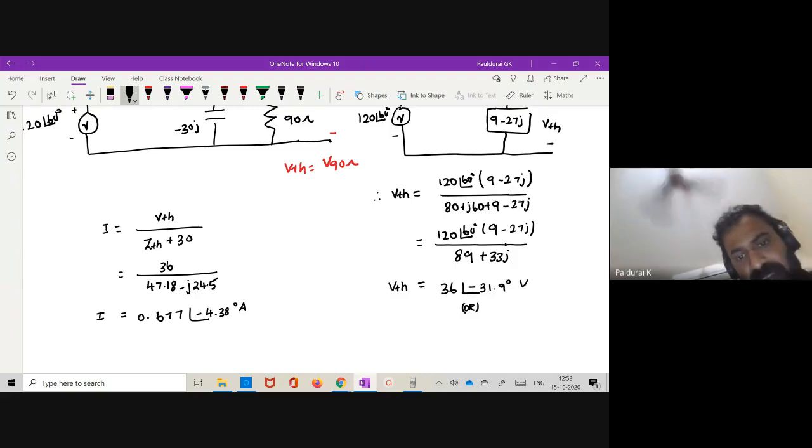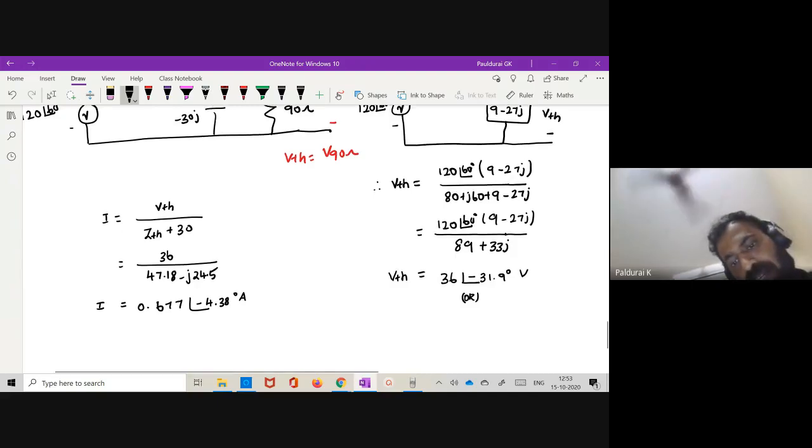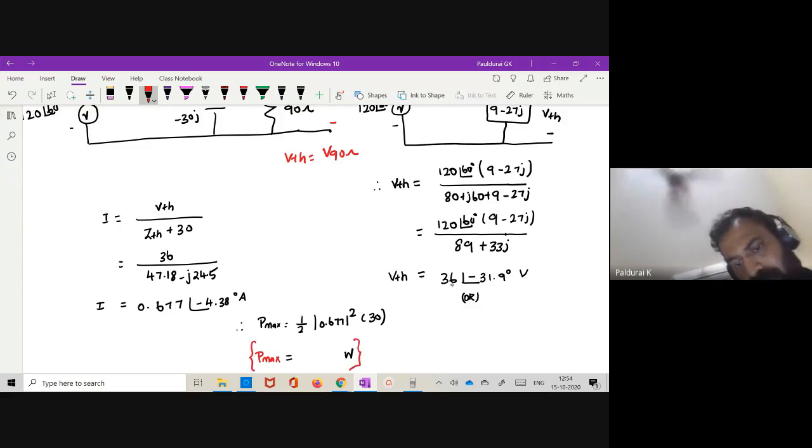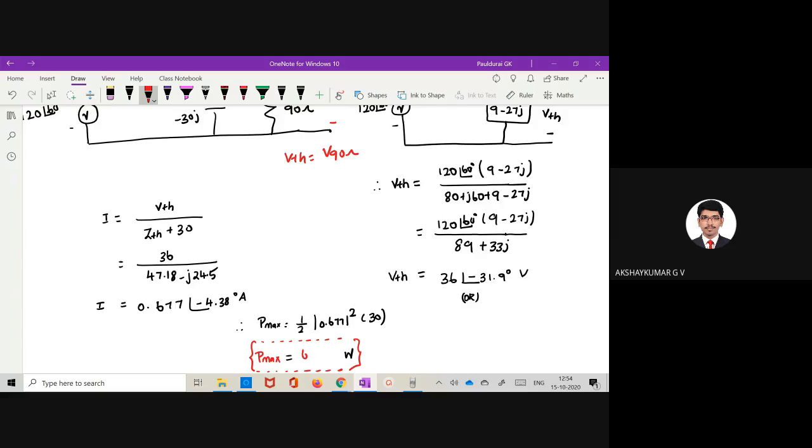This is my I. Therefore, what is my P max? That is half times I squared, 0.67 squared, into RL which is 30. So what is this value? This much watts. 6.875, sir.